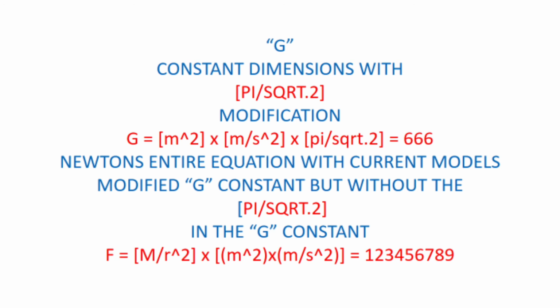Consequently, if we utilize the current model's fractal value modification without the pi over square root 2 term, then we will derive a new value for the G constant of 14548, which when multiplied by the first term of m over r squared necessarily derives the predicted m of force value of 123456789. This is obviously correct, and must be accepted by the mainstream physics community as overwhelming proof of the current model's accuracy.